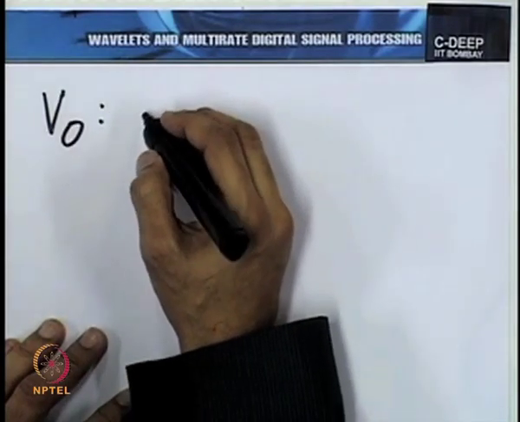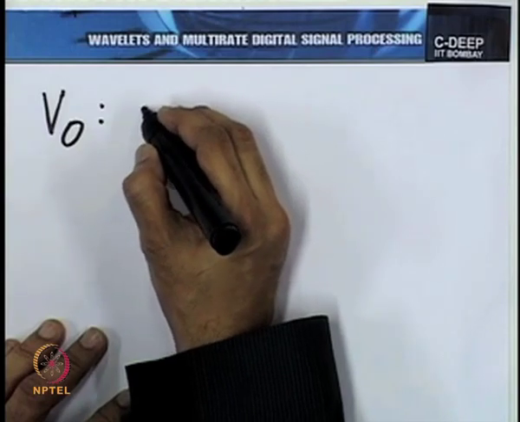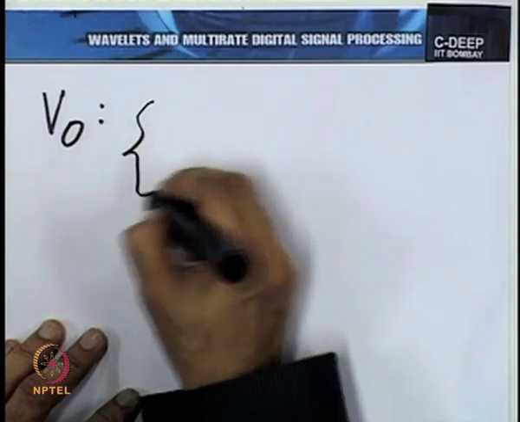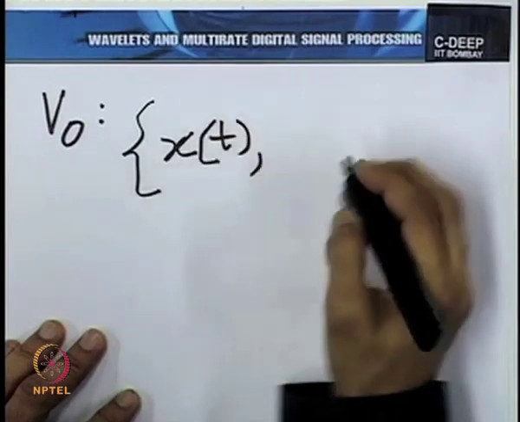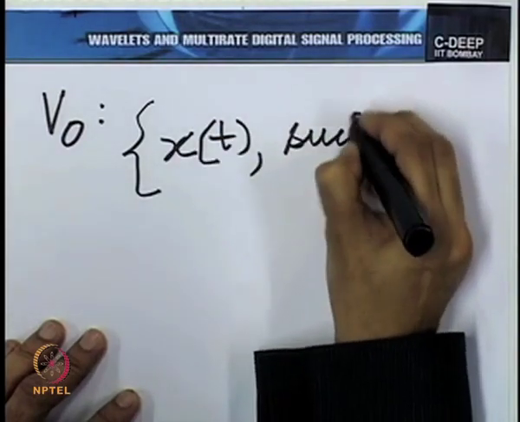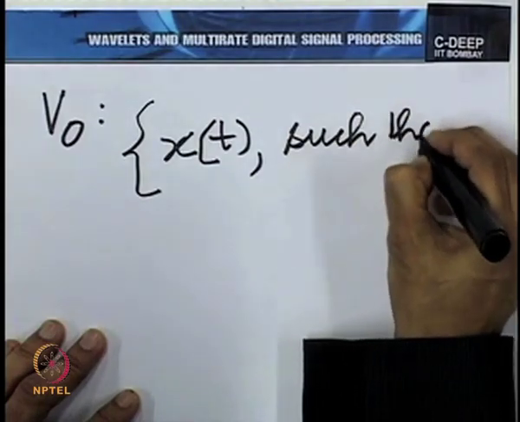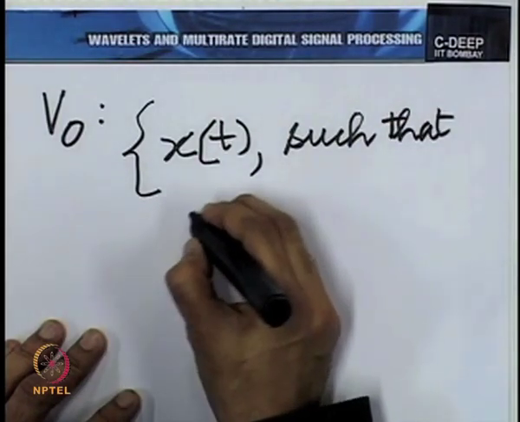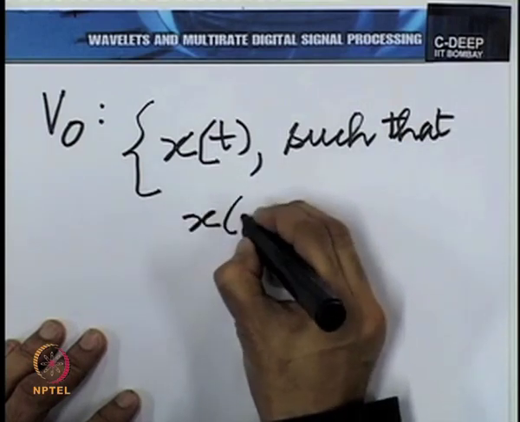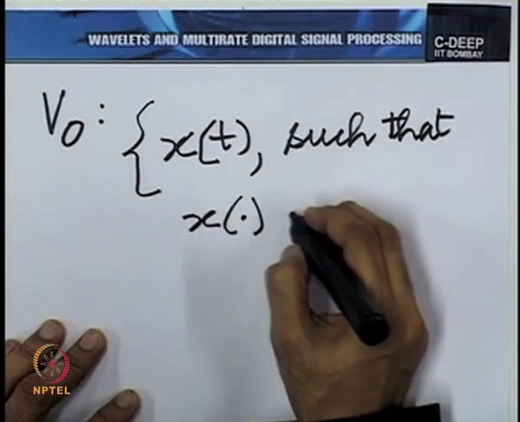Now, I am going to write mathematical notation. V 0 is the set of all x of t such that two things happen. x of t, now you know x is a function.